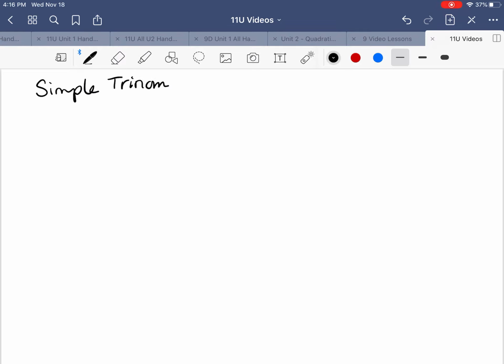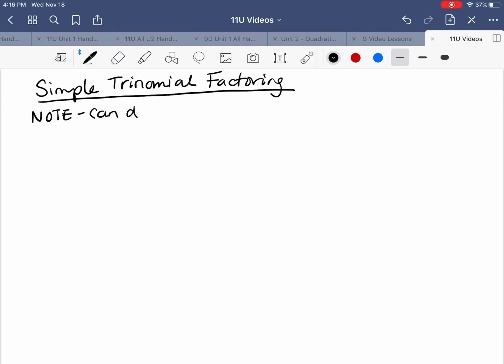But I'm going to write that we can still do this the same as complex trinomial factoring. So note, can do the same as complex trinomial factoring.